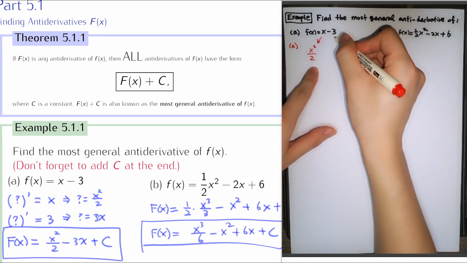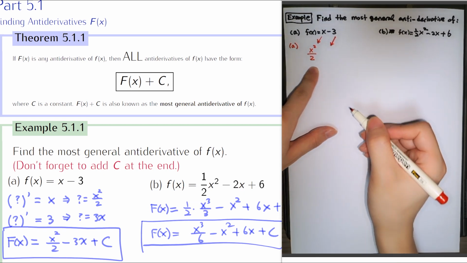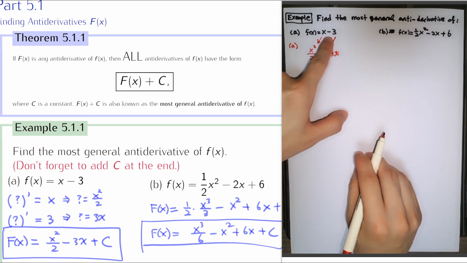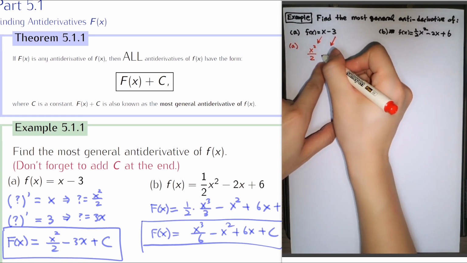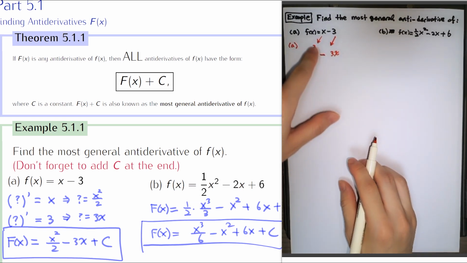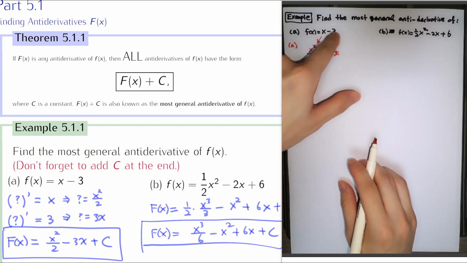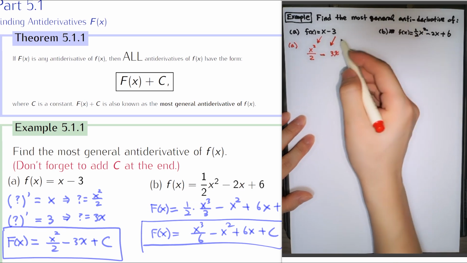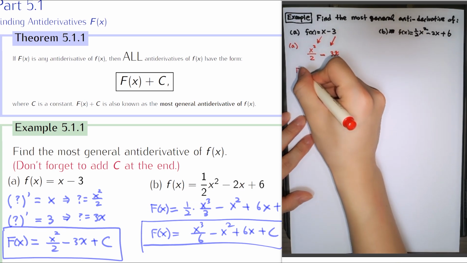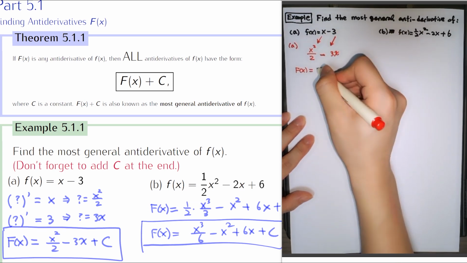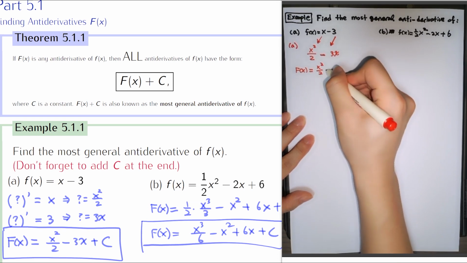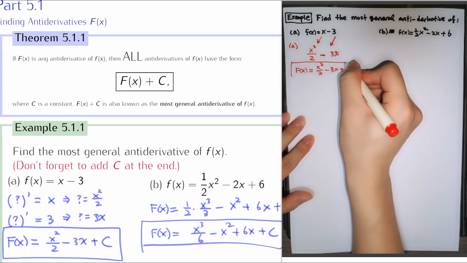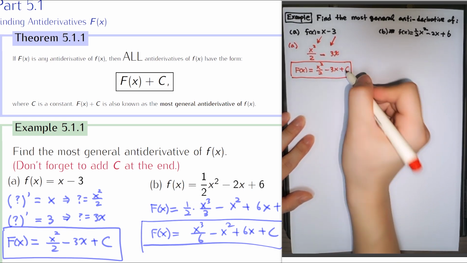Now, the antiderivative of 3 becomes 3x, right? Of course, we have a minus sign in between, so let's write down the minus sign. So this is the antiderivative term by term. Altogether, the most general antiderivative of this function is big F of x equals x squared over 2 minus 3x plus c. And that's the end of part A.